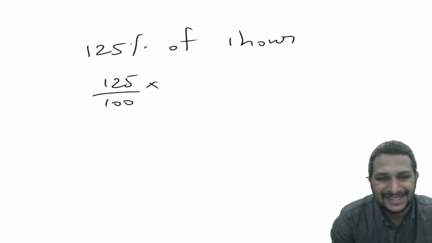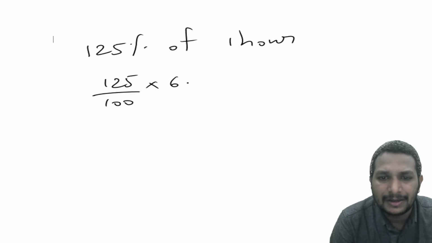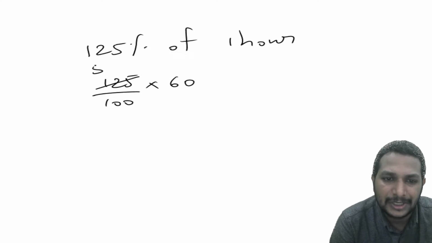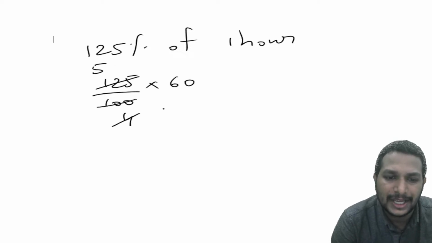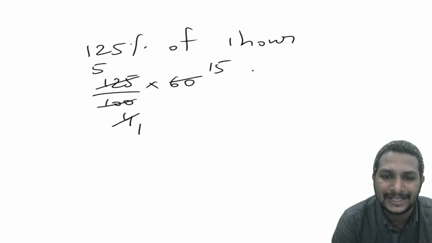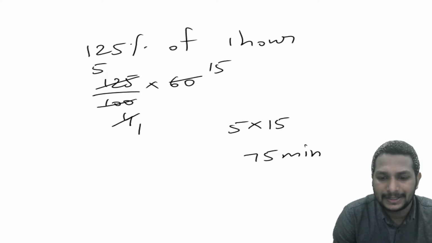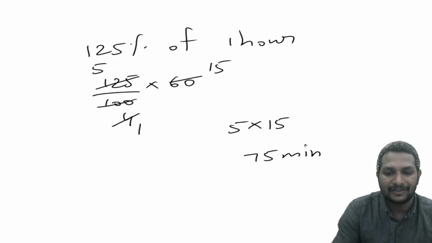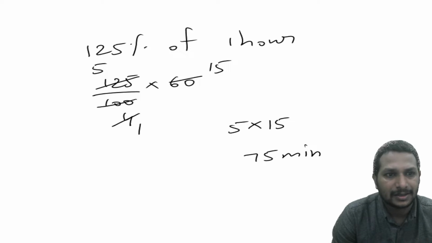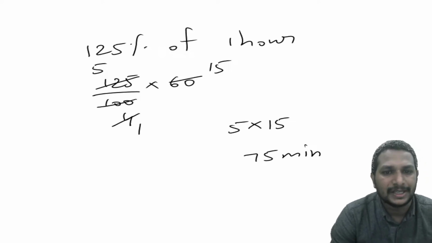As the options are in terms of minutes, I'm writing 1 hour as 60 minutes. 25 fives are 125, 25 fours are 100, so it becomes 5 into 15, which is 75 minutes. We got the answer as 75 minutes. Okay.